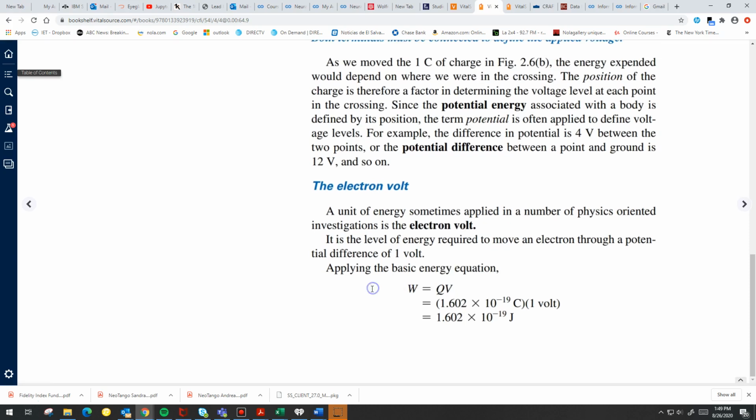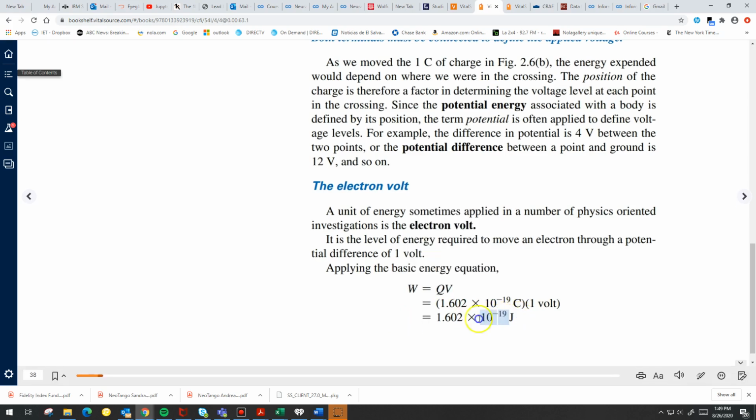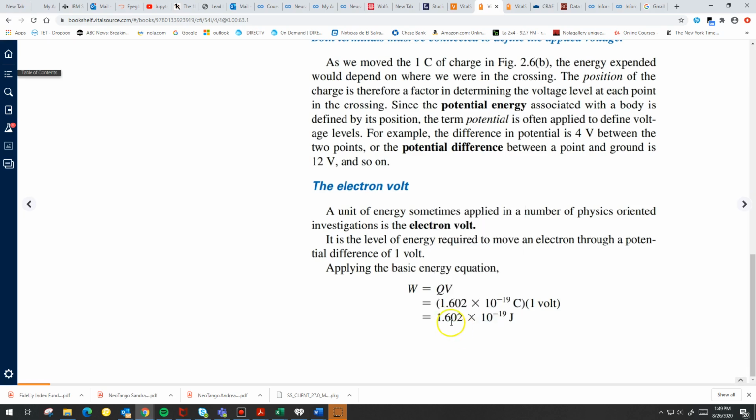Okay, so if the level of energy that is required through a potential difference of 1 volt, and you apply the basic equation for energy, then the energy in joules required will be 1.602 times 10 to the minus 19.